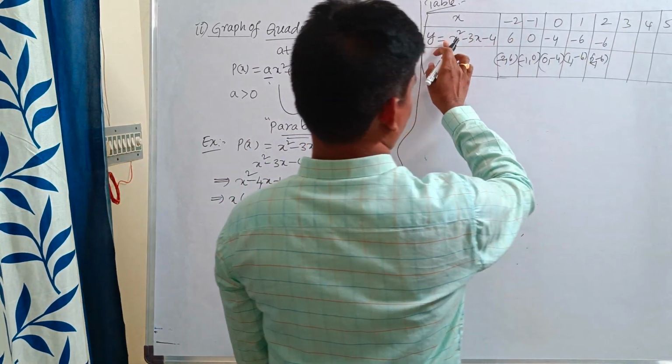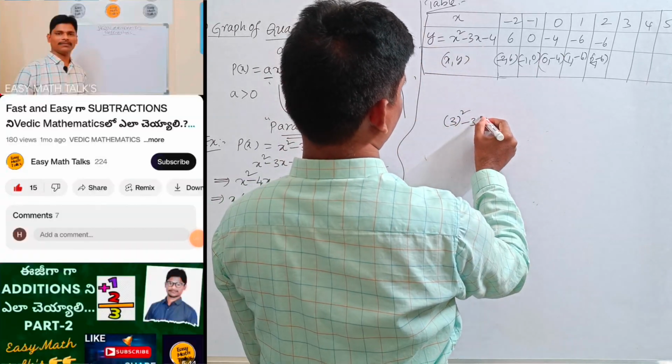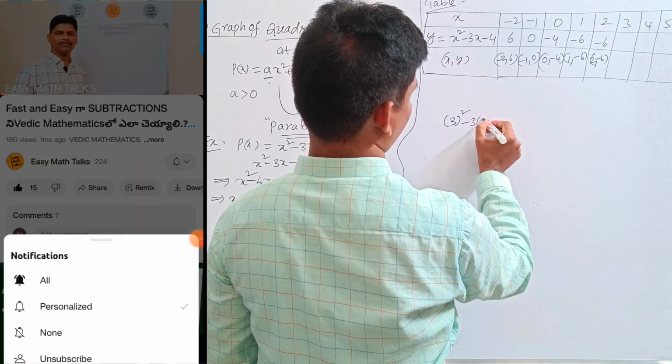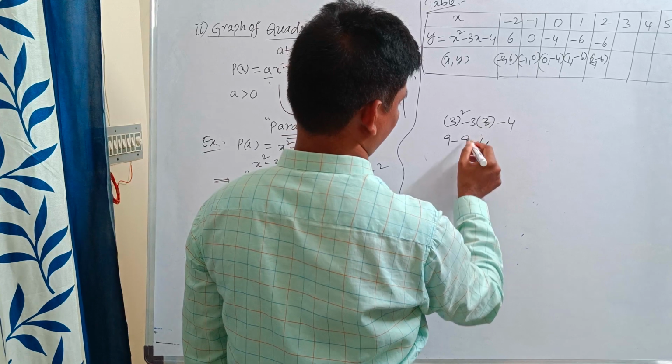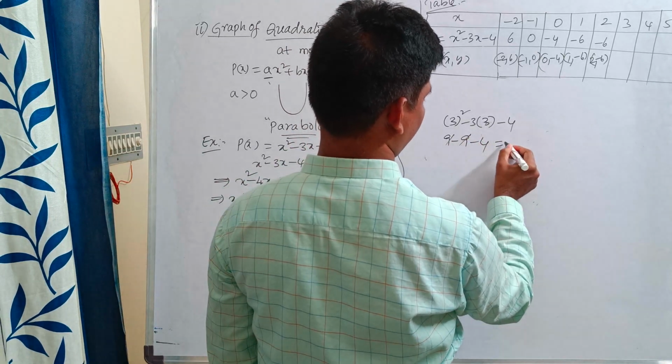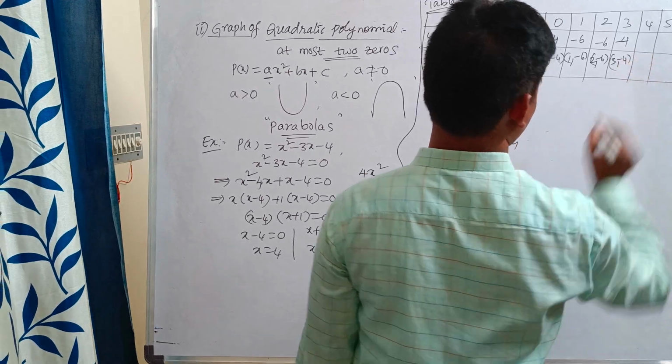Put 3 in place of x. 3 whole square minus 3 into 3 minus 4. So 9 minus 9 minus 4, the 9 and minus 9 cancel, minus 4. So 3 comma minus 4.